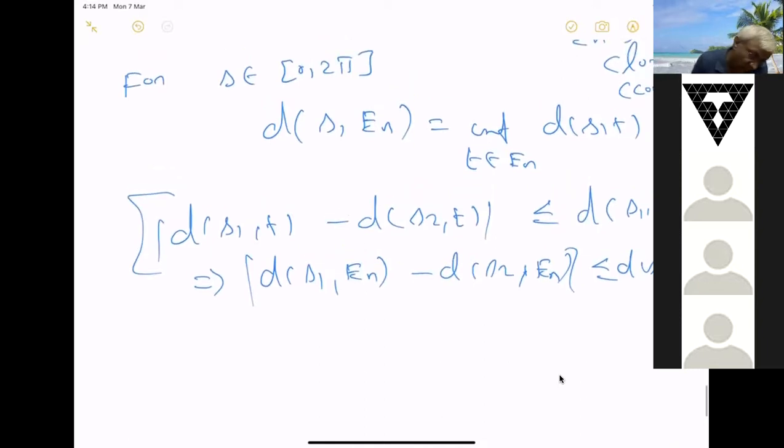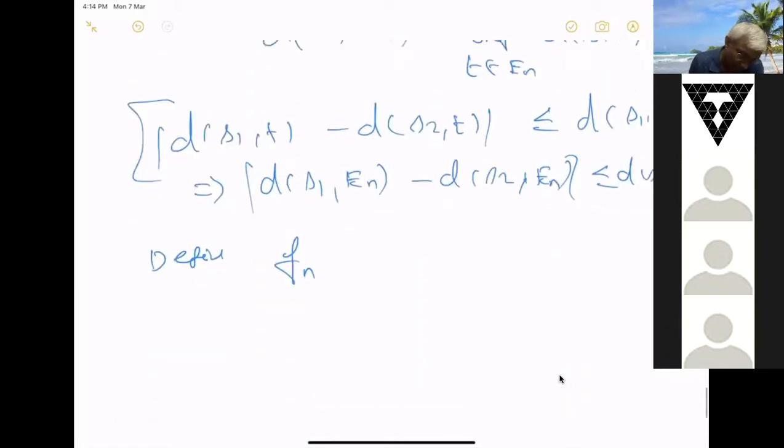Now using this d(s, E_n), I want to define a function. Define F_n. So define F_n(s) equal to (1 minus n d(s, E_n)) over (1 plus n d(s, E_n)). d(s, E_n) is a continuous function.